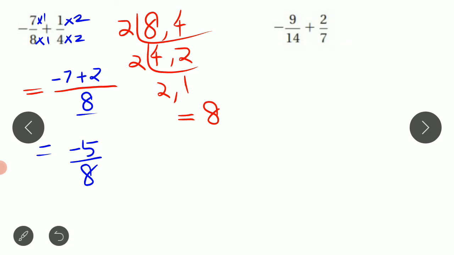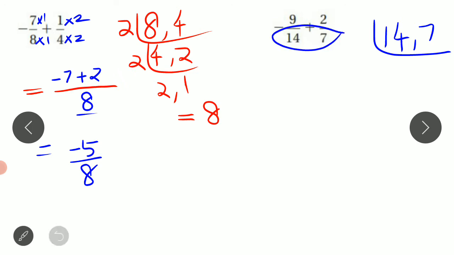But if the denominators are different, we need to find the LCM of the denominators. Why are we doing this step? After finding the LCM, we are changing the denominators accordingly. That's why we are doing this step. So when do you do this LCM step? When the denominators are different in addition and subtraction of rational numbers.